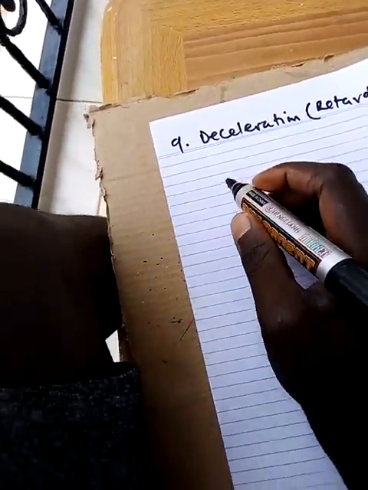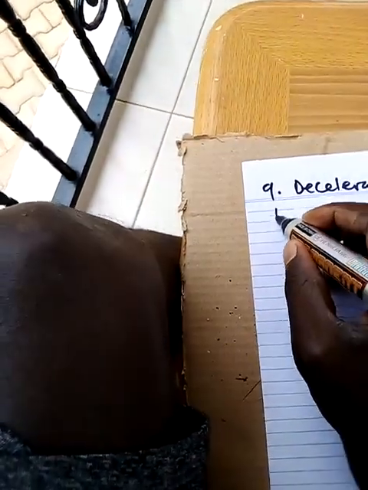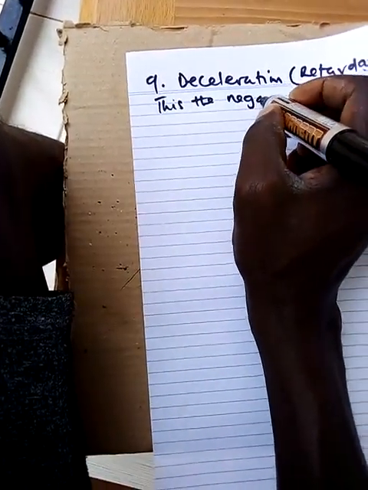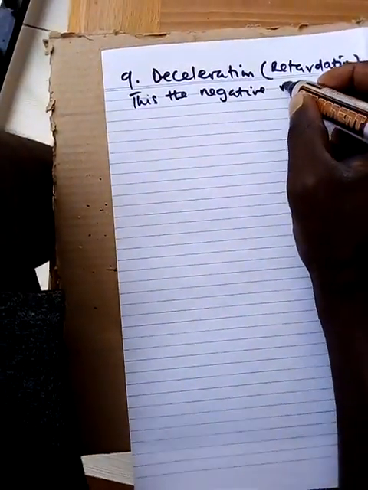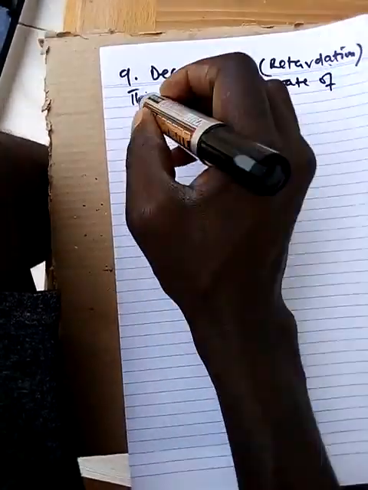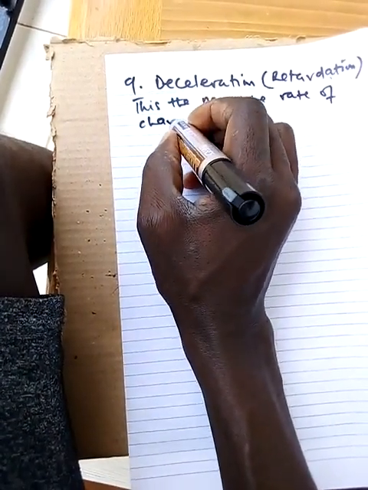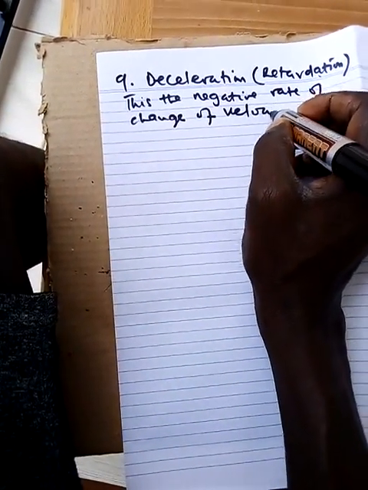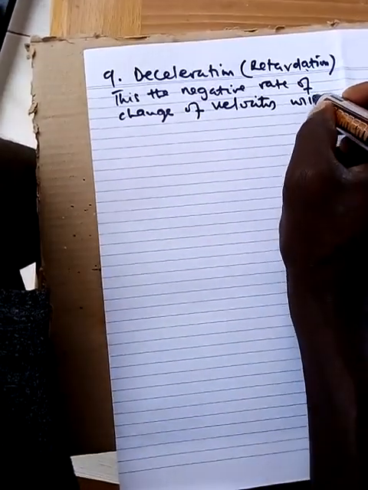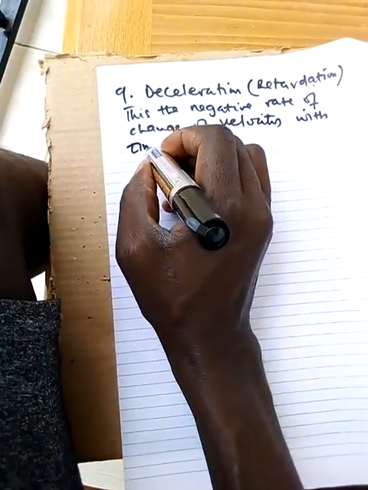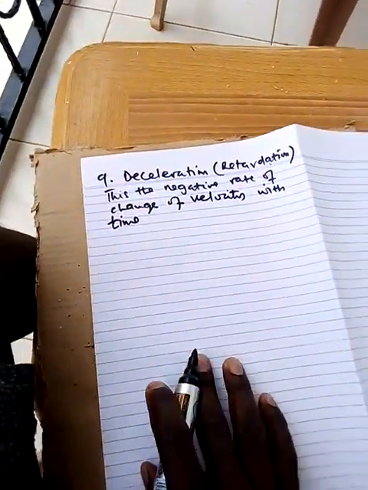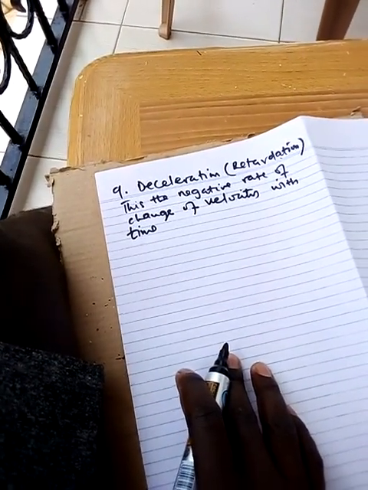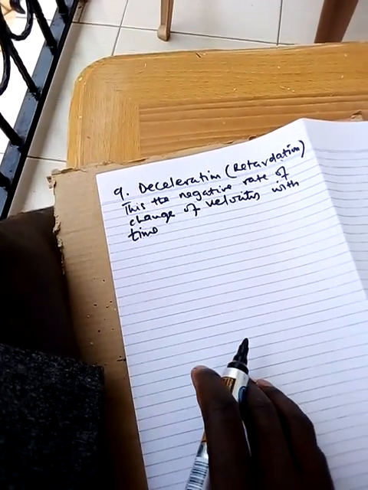What is retardation? Retardation is the negative rate of change of velocity with time. Negative in the sense that the velocity is decreasing.